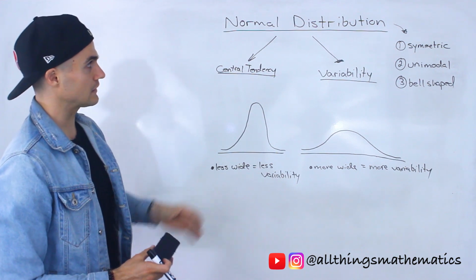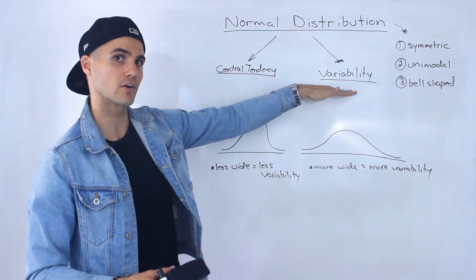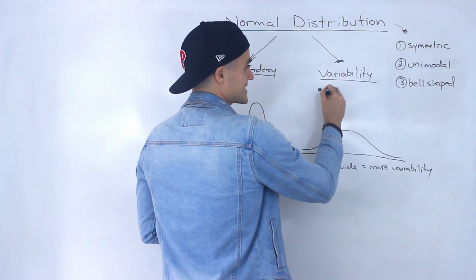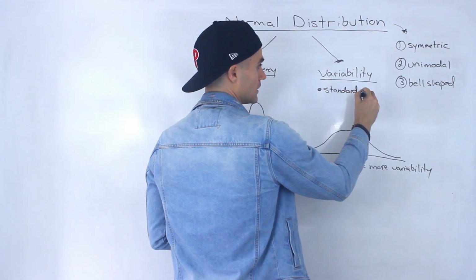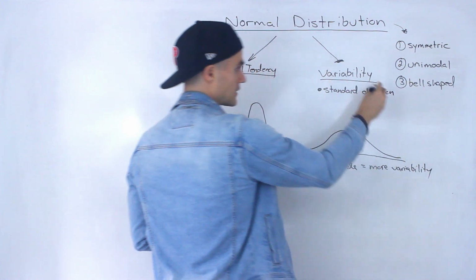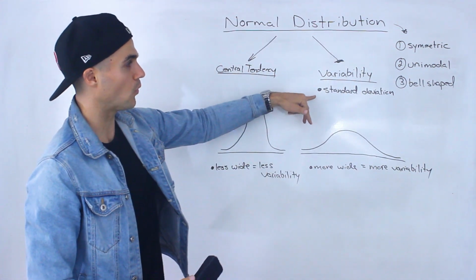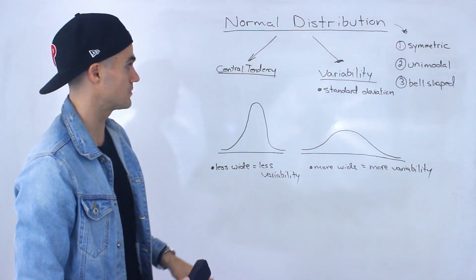And more specifically, when we're talking about a normal distribution and its variability, we're going to be talking about its standard deviation. That's the measure of variability. Out of those three we mentioned, standard deviation or variance sometimes is the one that's going to describe the variability of a normal distribution.